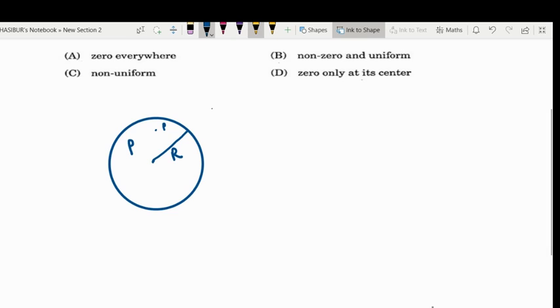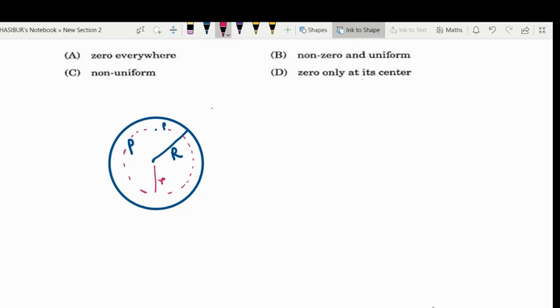So what we have to do is draw an imaginary surface, called a Gaussian surface, which has radius small r.